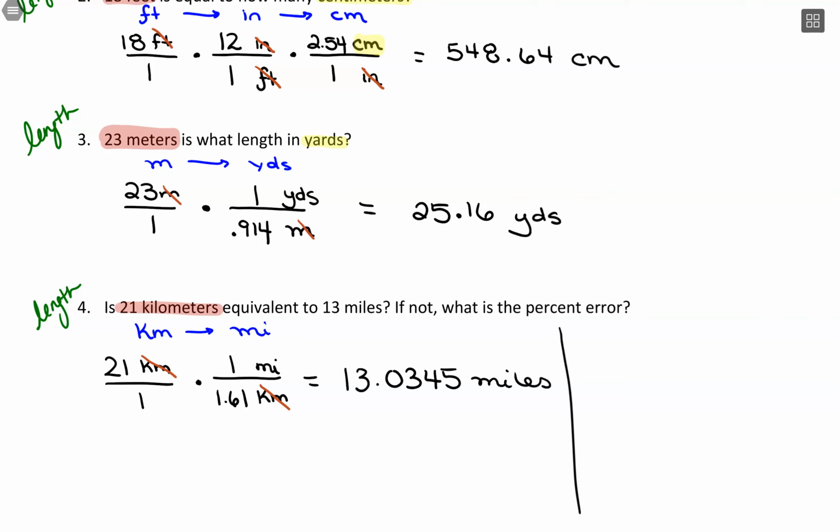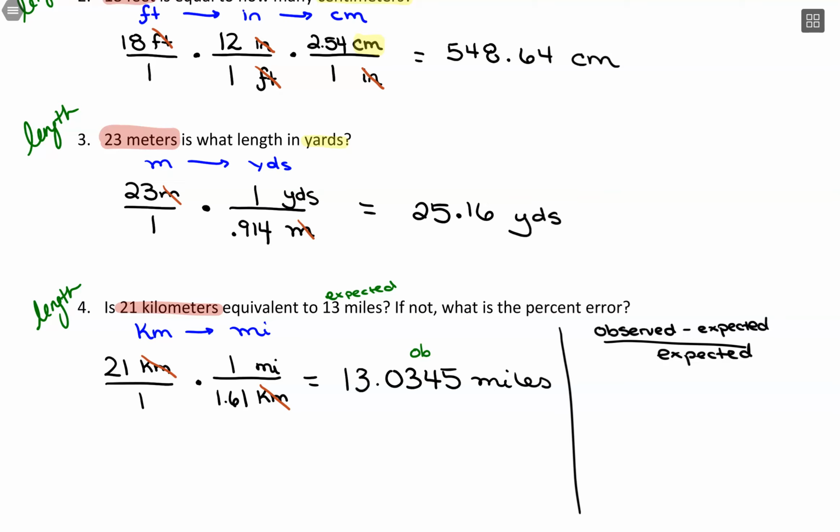If you remembered, for percent error, we would take observed minus expected over expected. So we expected 13 miles to come out of this, but what we observed is that it's actually 13.0435.